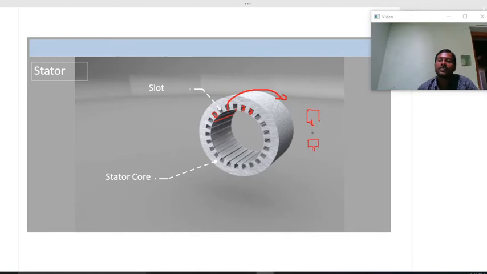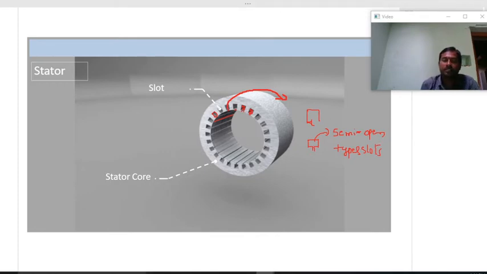So this is the slot. This type of slot is called semi open type slots. So in the induction motor, semi open type slots are used.